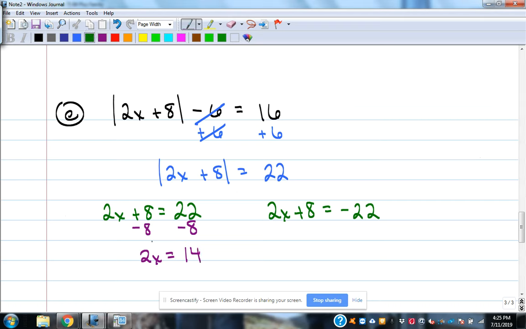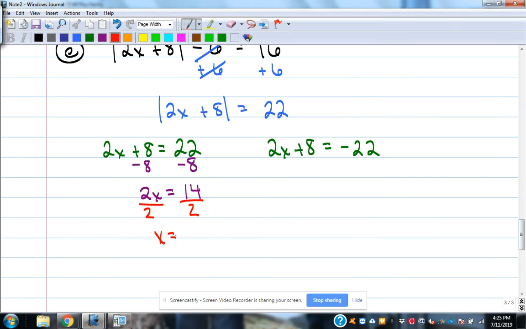And then a nice little division at the end. Divide by 2. X is 7. Do the same things on the other problem. Subtract 8. Different answer here. So that's negative 30. Divide by 2.